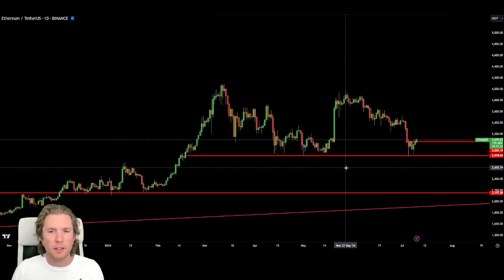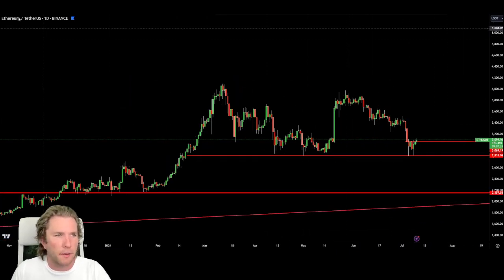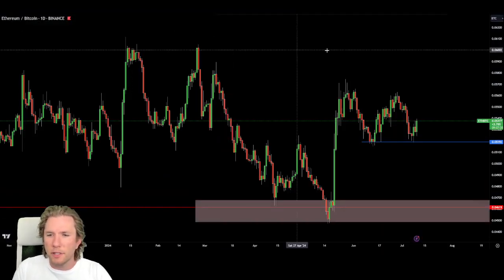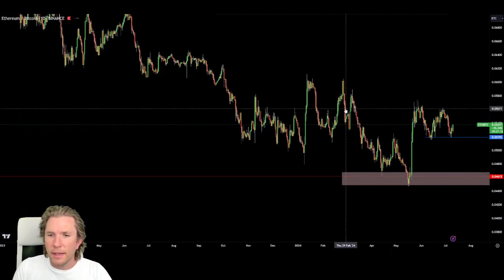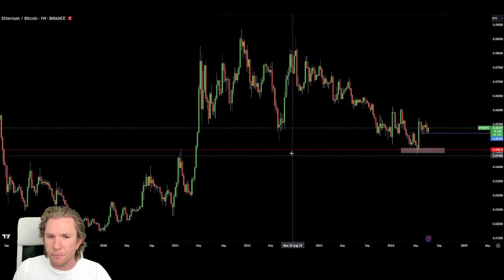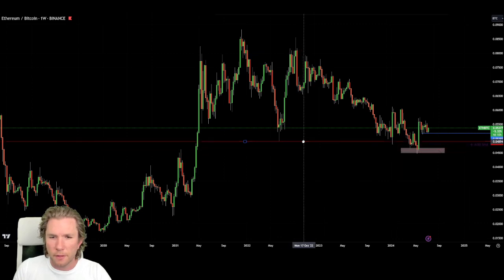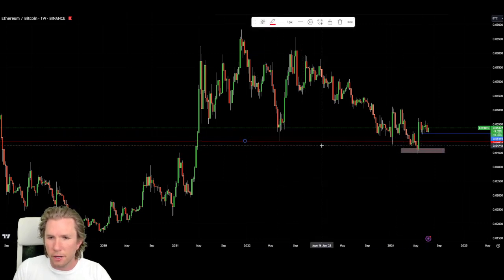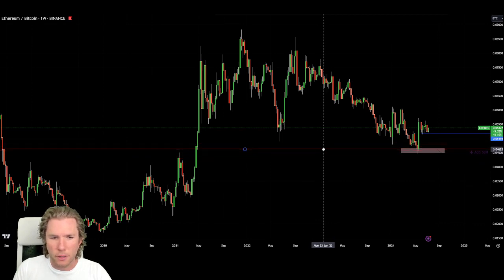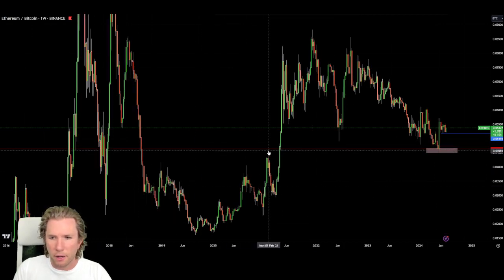The other thing that I like to do is look at ETH BTC to see what it looks like. ETH BTC gave us a really great entry down here where it swept this zone, but really it just came back to retest this breakout point.